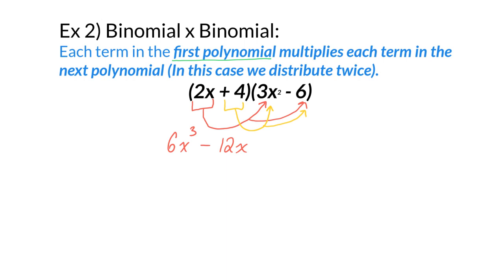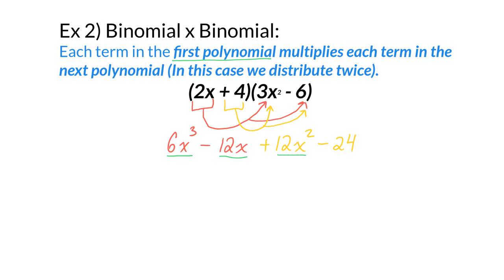Taking the 2x and multiplying it by 3x squared minus 6 will give me 6x cubed minus 12x. Then I do the same with the 4. I then check to see if I can collect any like terms. This has an x cubed, nothing else does. This has an x, nothing else does.